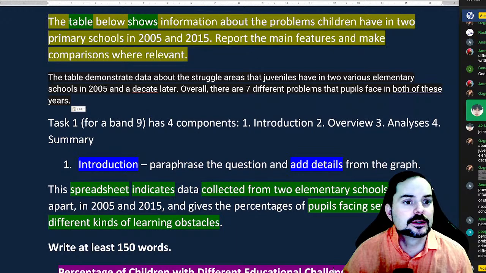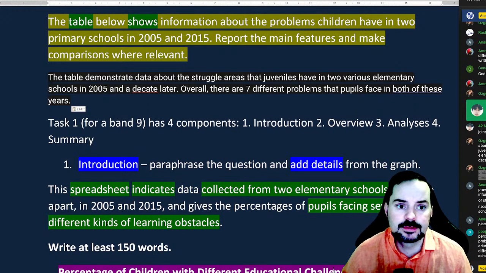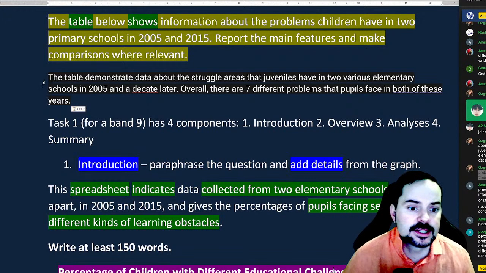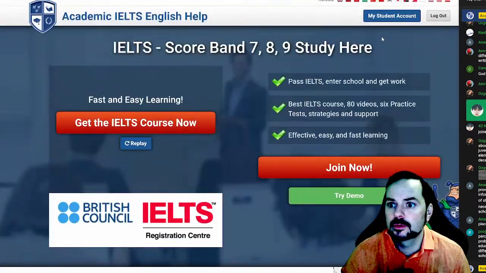Let's take a look. By the way, you have editing help on our websites as well. So if you go to our websites, you can send essays to get them edited. I'll show you where those are actually real quick.